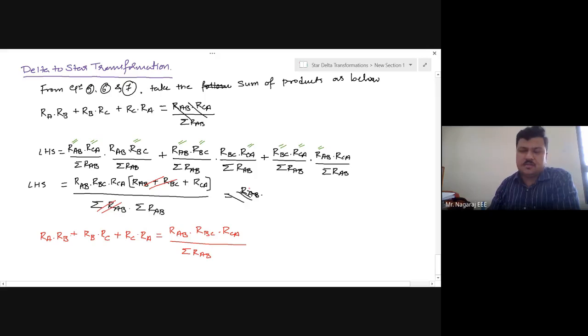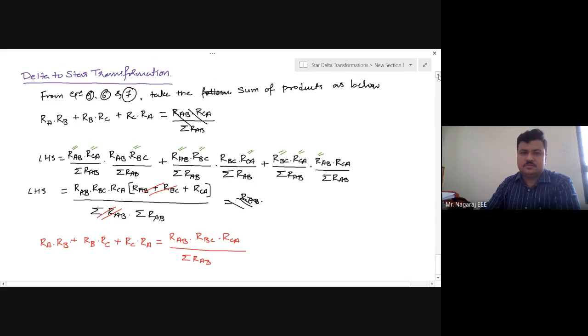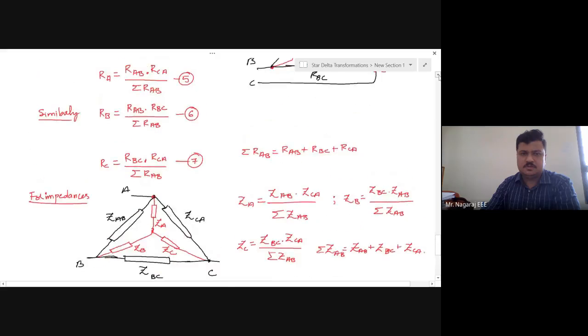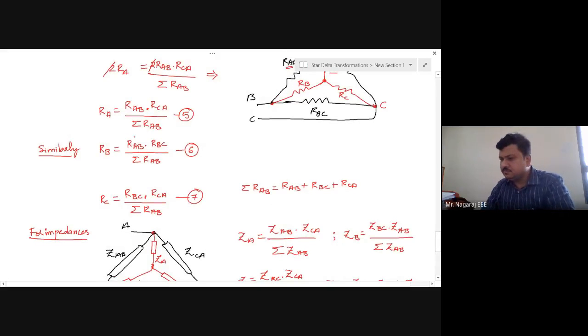Divided by summation RAB. Now observe, RAB into RBC divided by summation RAB will give us, from equation 6, RB.